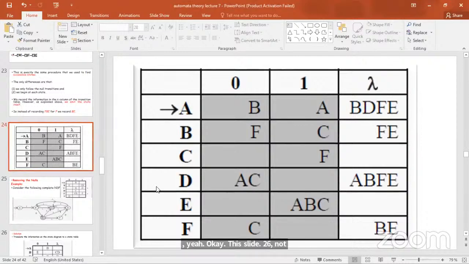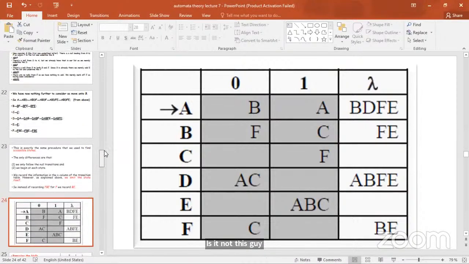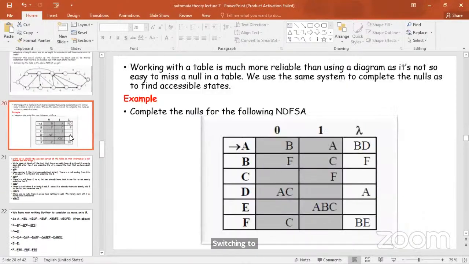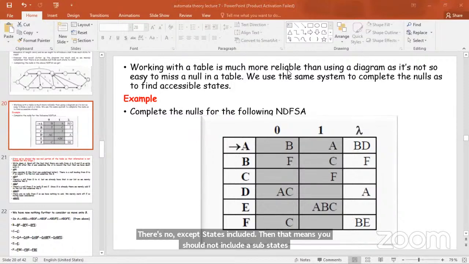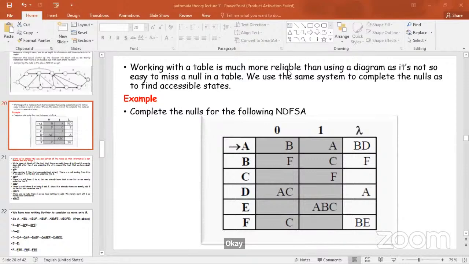Is it not this one? No, sir, slide 20. So you did not include it. You said we should draw the diagram, and if there are no accept states included, then that means you should not include accept states. Okay. Okay, sure. All right. So, any other questions?